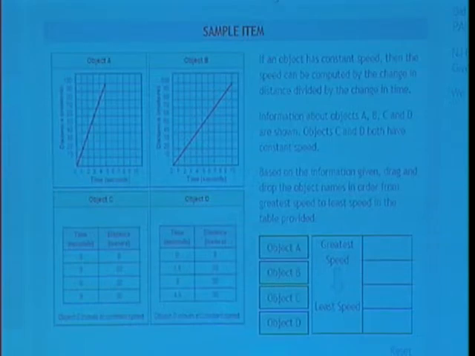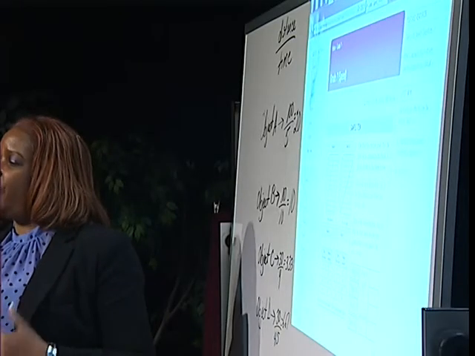Again, we have 4 graphs including tables, and they're shown with objects A through D. Based on the information given, they're asking you to drag.